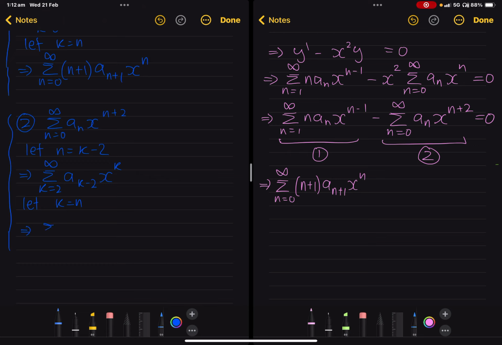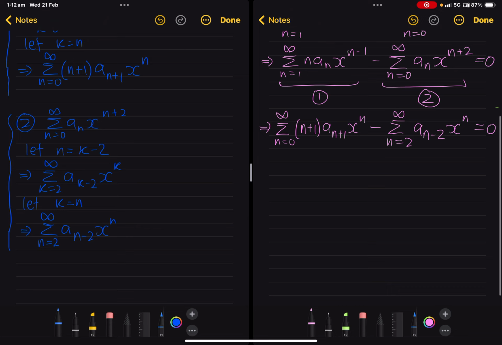This will give us the sum from n equals 2 to infinity of a subscript n minus 2 times x to the n. So minus the sum from n equals 2 up to infinity a subscript n minus 2 times x to the n. This is equal to 0.